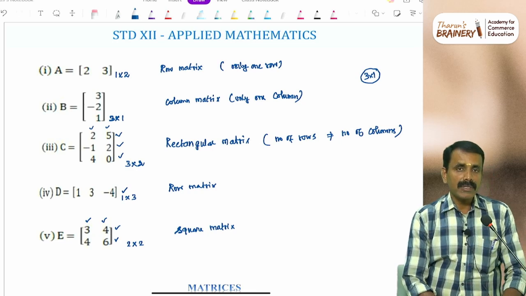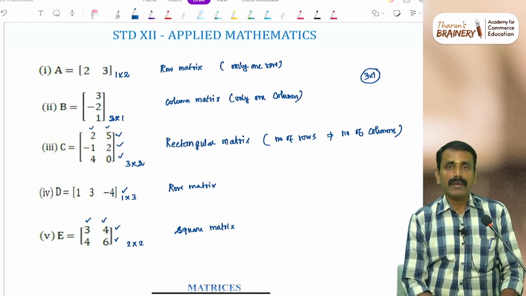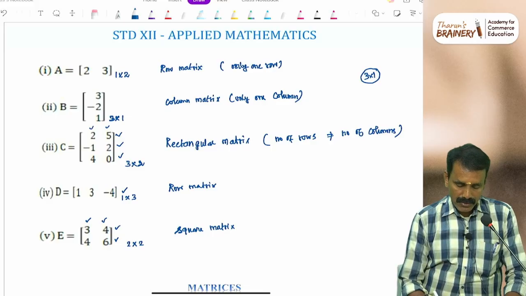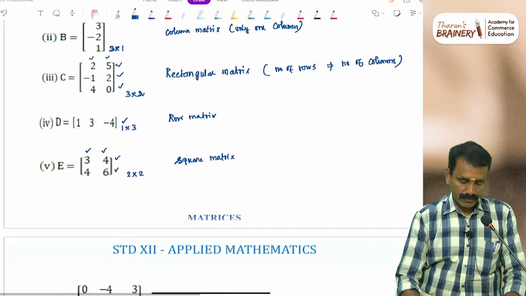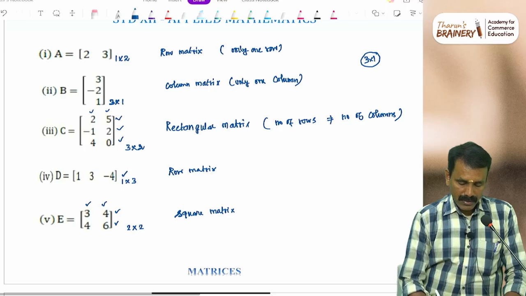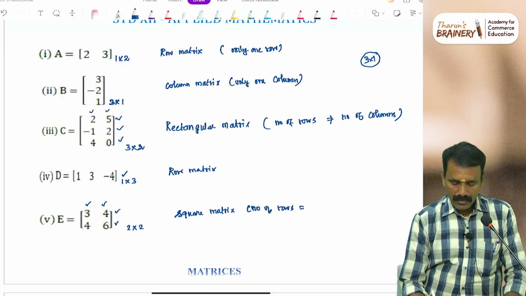Any specialties about this matrix? Nothing. All the elements are present. So, it is a square matrix of order 2 by 2. Number of rows is equal to number of columns.